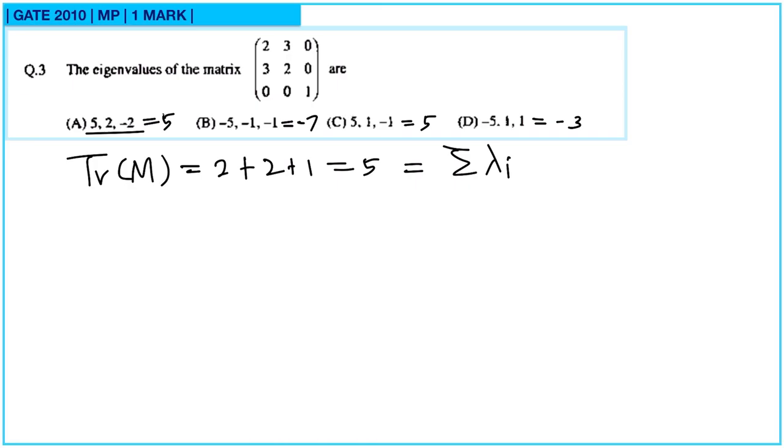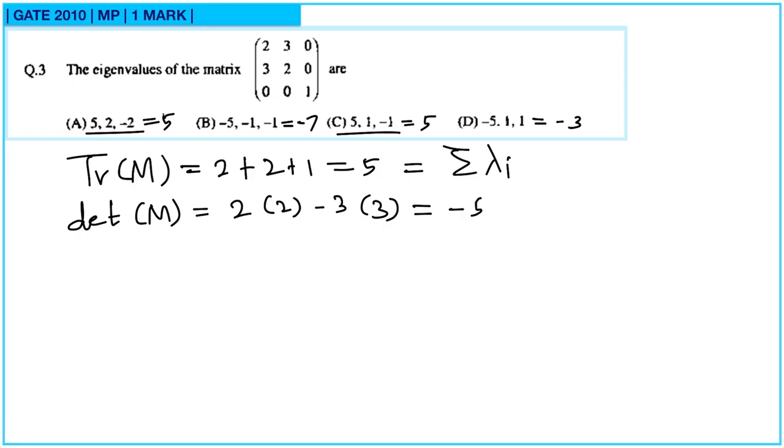So in these two options we are getting 5. So let us check the determinant as well. Determinant of this matrix will be 2 into 2 minus 3 into, this will be 0. So we have 3 into 1. So determinant will be 4 minus 9, that is minus 5.